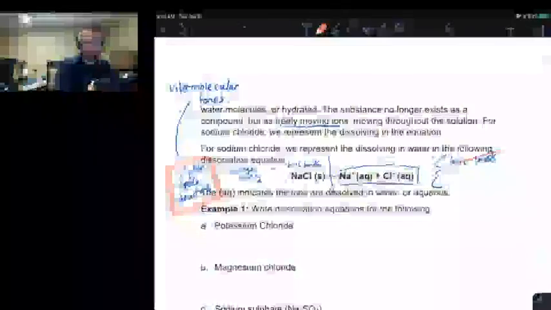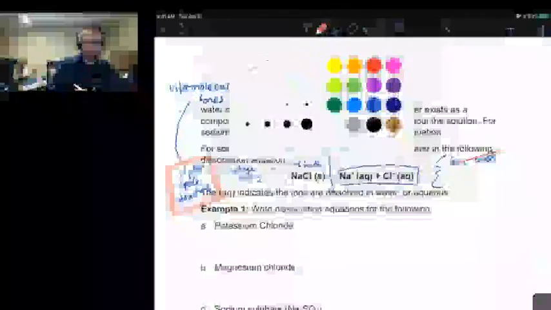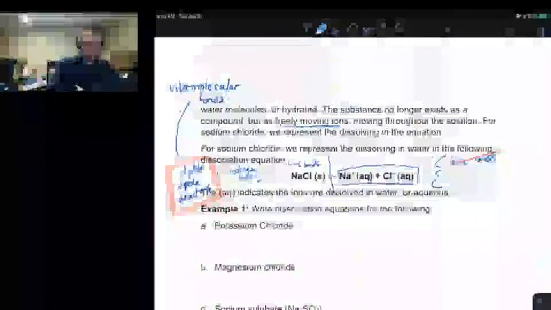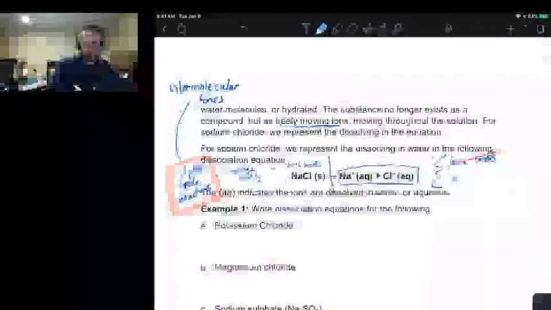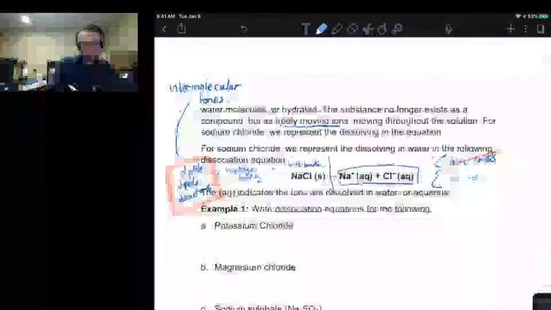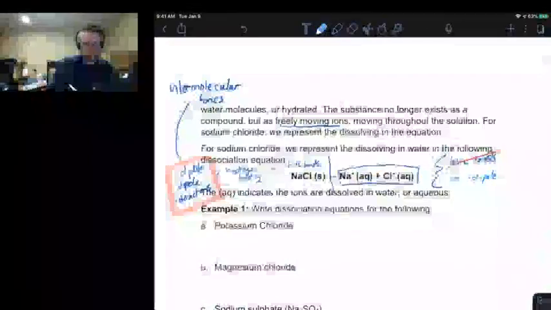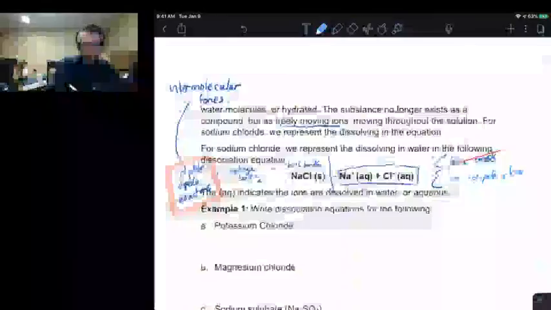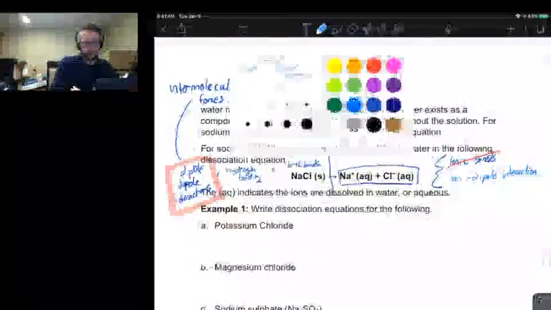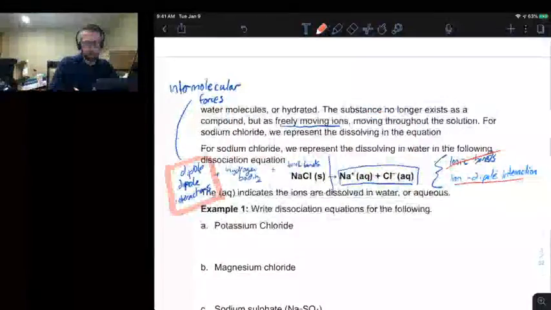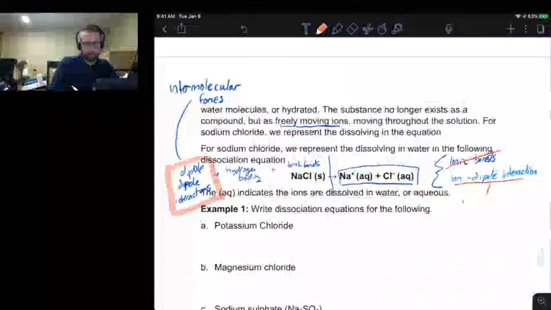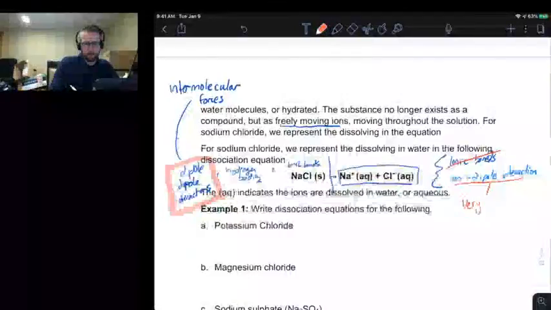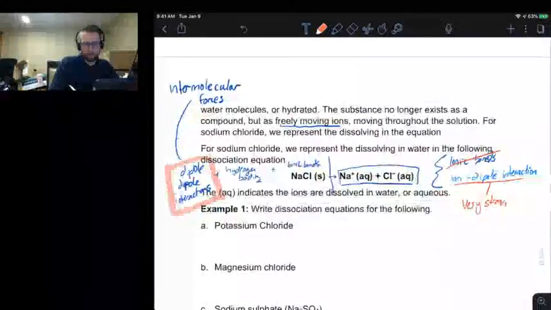But we have gained a new type of bonding, which is called an ion-dipole interaction. And the ion-dipole interaction is generally considered to be stronger, in fact, a very strong intermolecular force.